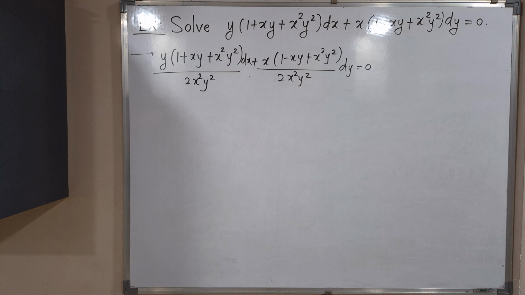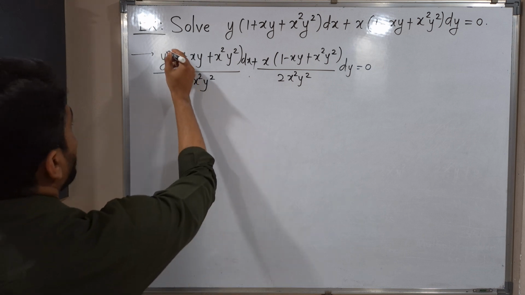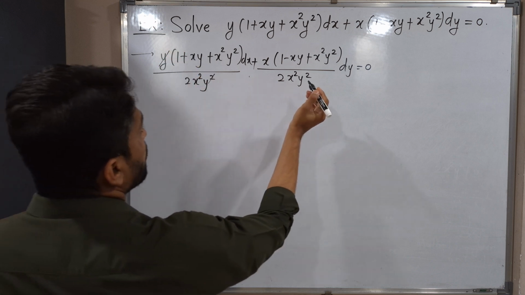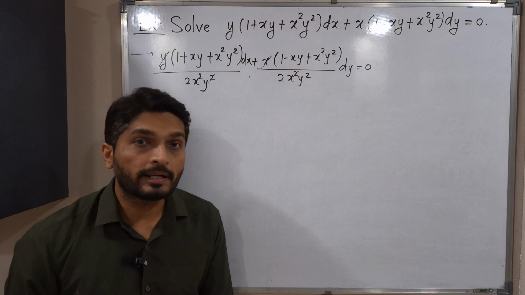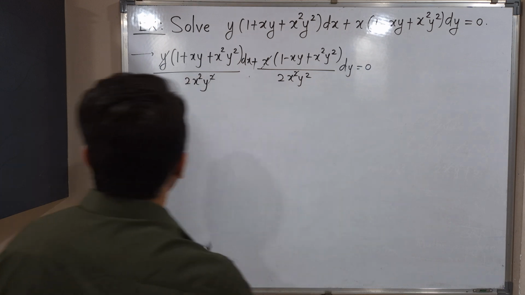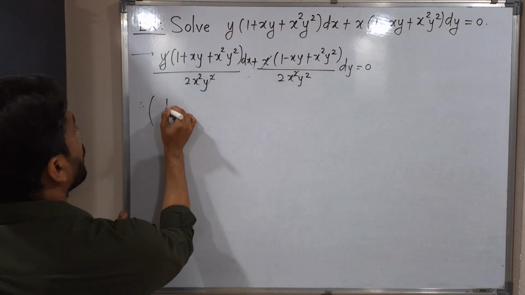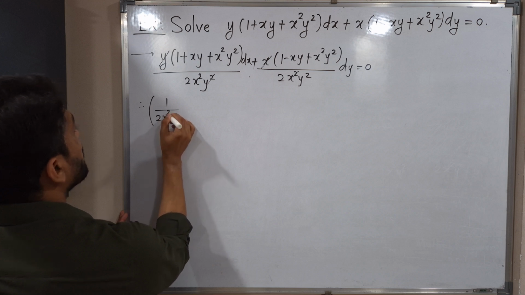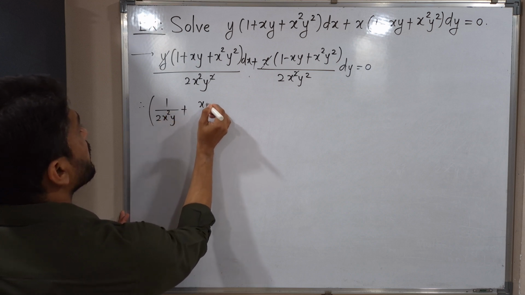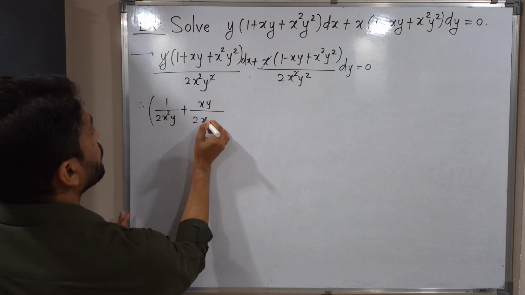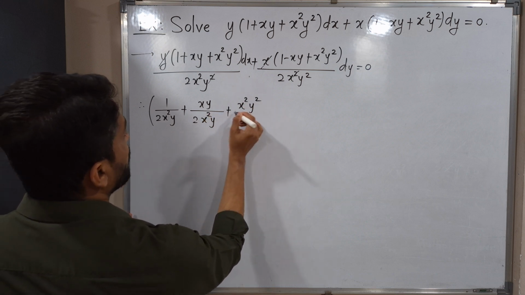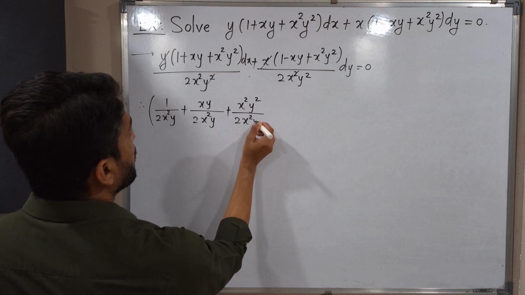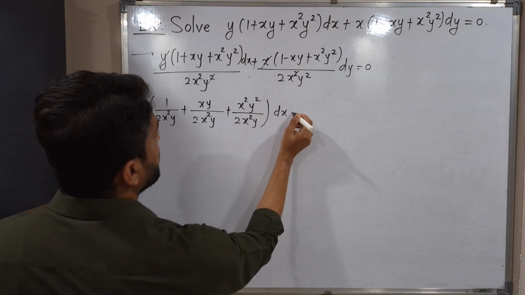Okay, see now tell me, can we cancel anything? Yes, this y will get cancelled. Here x we can cancel. Okay, so after that what will I do? I will divide separately. Let us see what will happen if I divide separately. 1 upon 2x square y plus xy upon 2x square y plus x square y square upon 2x square y dx.